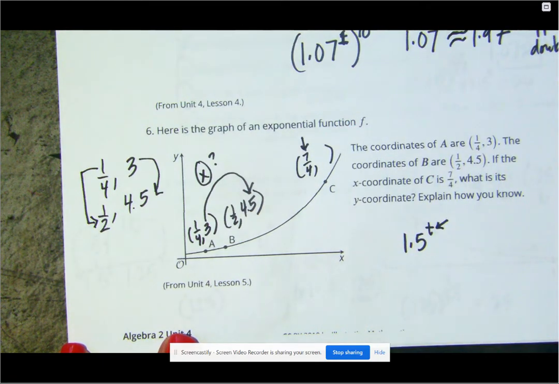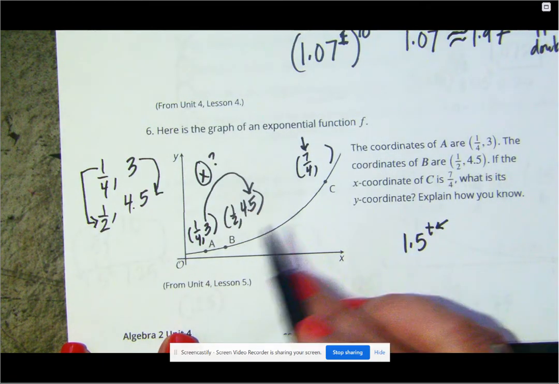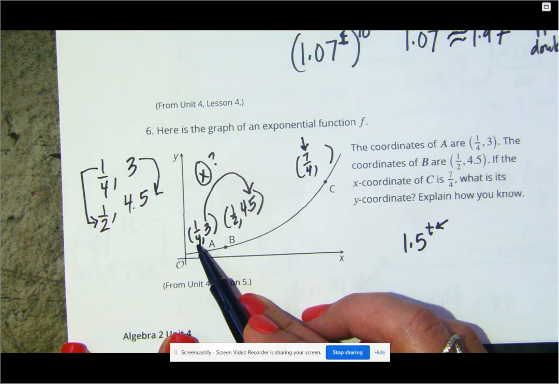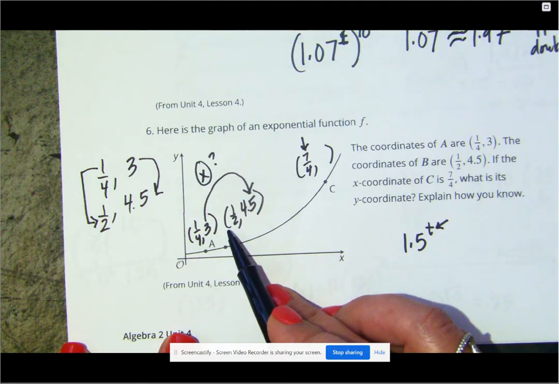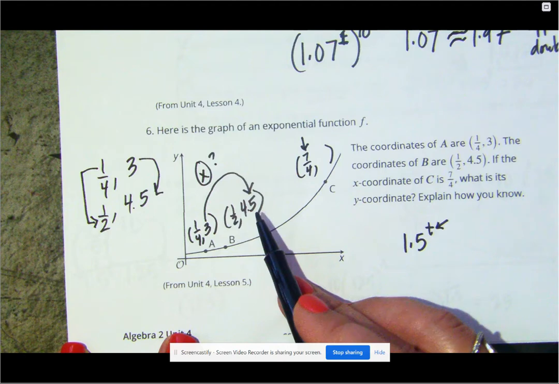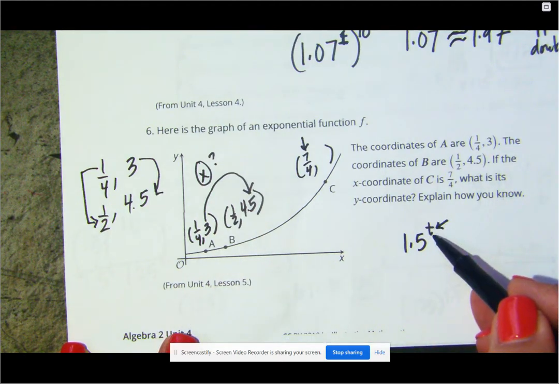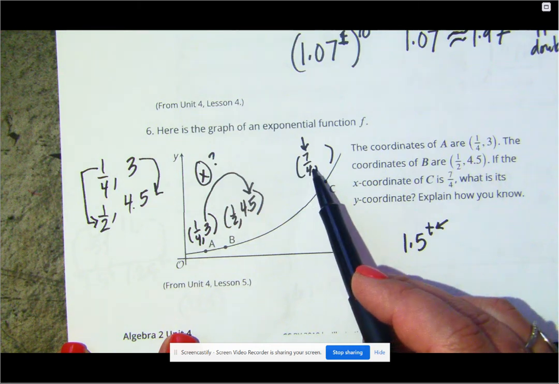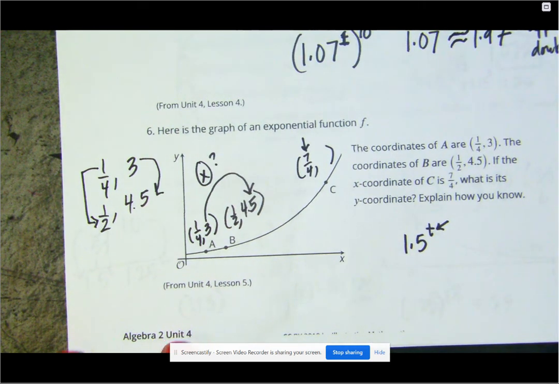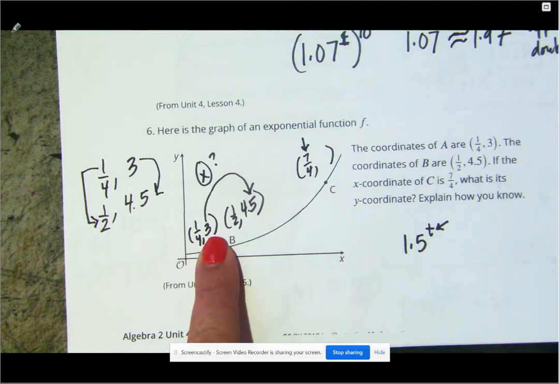Well, I need to pick a starting point. I could start at 1/4, 3, or I could start at 1/2, 4.5. Wherever I start will just depend on how many times I'm jumping to get to this point right here. So I'm going to start at the very first one. It just kind of seems logical. So I know the starting amount is 3.